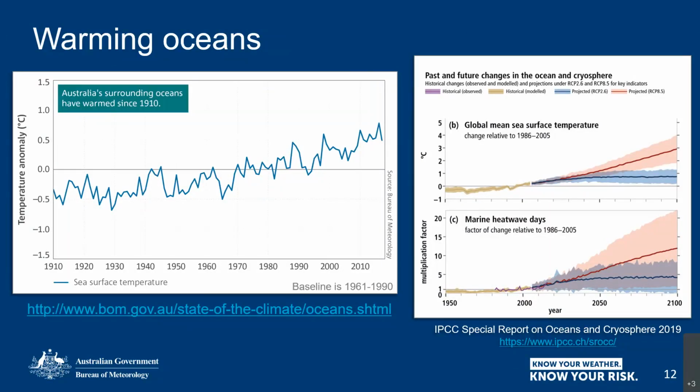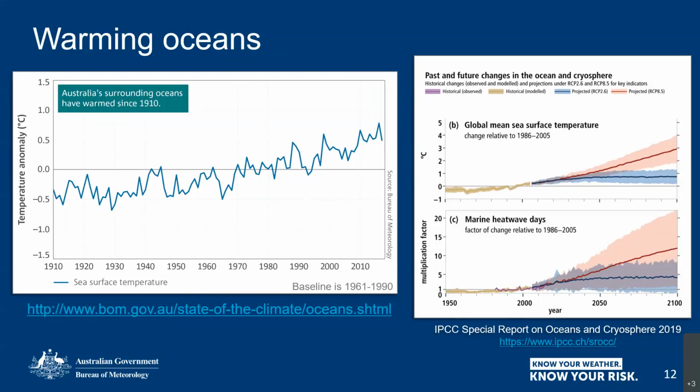On the right-hand side is from the IPCC, the Intergovernmental Panel on Climate Change, which is a huge international effort, that put out a special report on oceans and cryosphere, so sea ice, last year. This plot is from them. It's showing climate projections, which is forecasting into the future for the next 80 years.